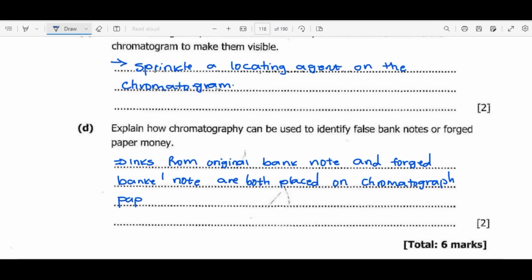So whenever these two, the inks from each note, the forged and the original note, are put on the chromatograph, they will differ in terms of the movement of the color. So the difference in terms of the movement of the colors will determine that one of the two notes is a forged one.